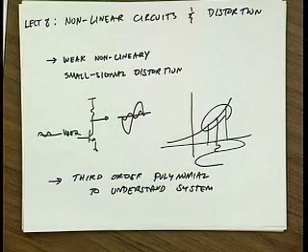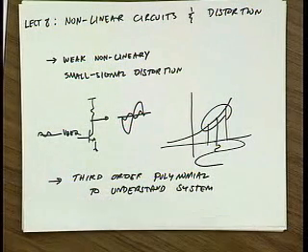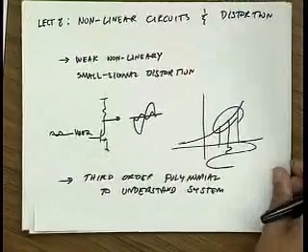So the goal is to study, what's the right word I'm looking for? Basically, we're still studying small signal circuits, but we're expanding our viewpoint to understand how small signal circuits generate distortion.